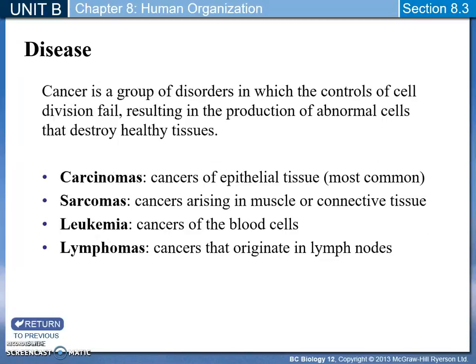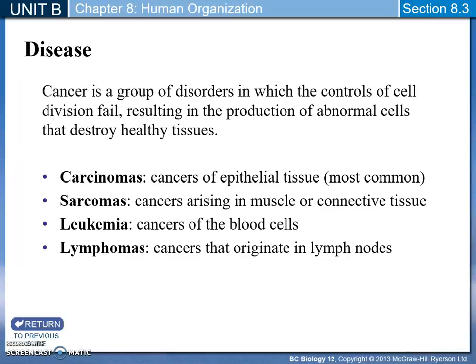Cancer is a group of disorders, actually, in which the controls of cell division fail. We've talked about this a little bit before when we looked at chromosomes and DNA. It results in the production of abnormal cells that destroy healthy tissues. We have different types of cancer, and generally the names are given according to the type of tissue where they arise.